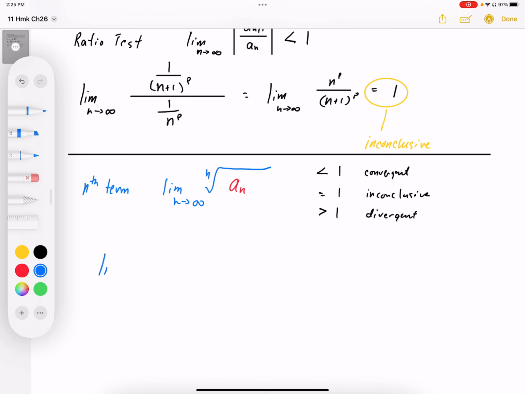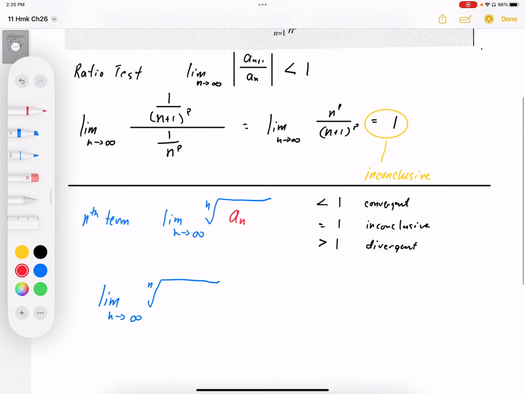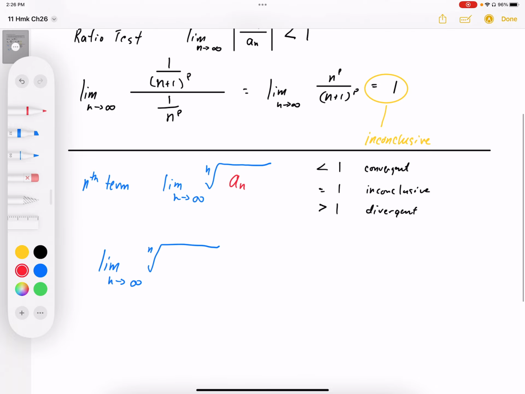We're going to say the limit as n approaches infinity of the nth root of the sequence, which was 1 over n to the p. Okay, in this case, when we simplify this, we know that the nth root of n is going to be equal to 1.